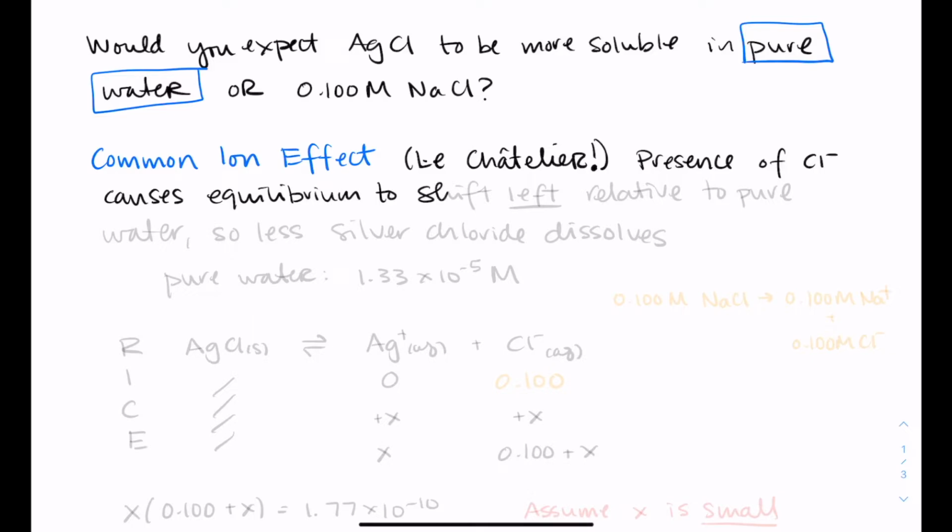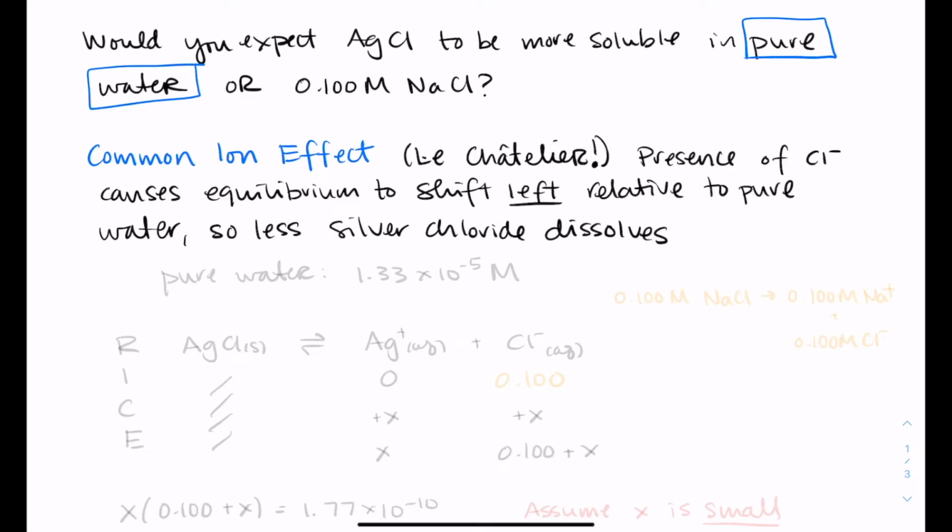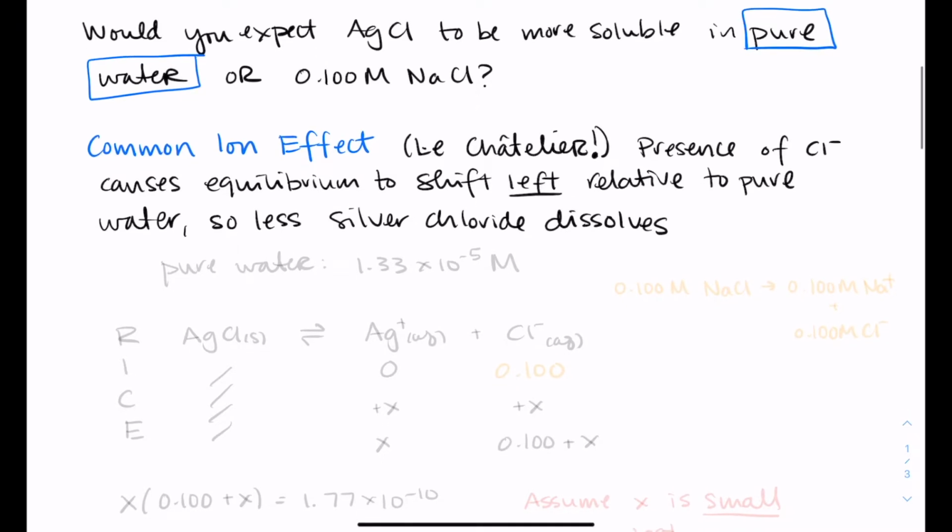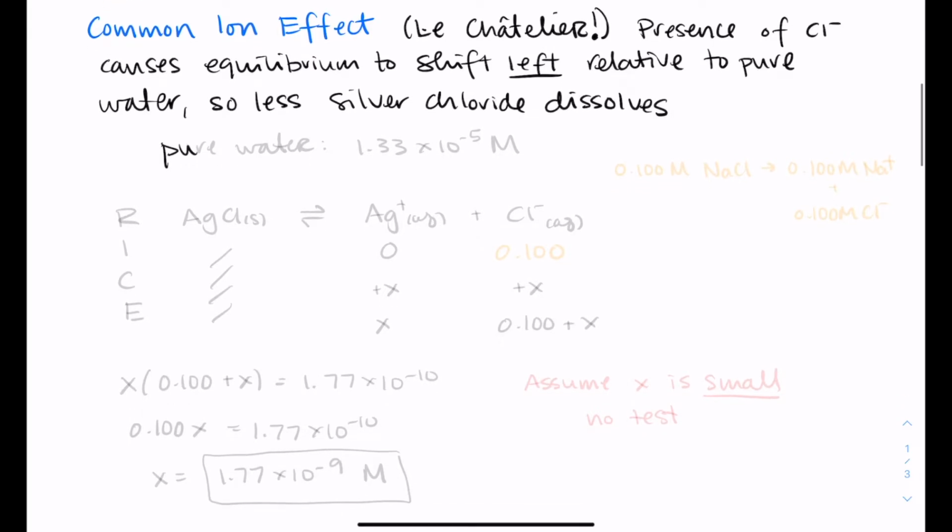We're going to do this calculation to show you with the numbers that this is the case, but this is the common ion effect. So remember, this is just Le Chatelier's principle, and it's the presence of the Cl minus that causes the equilibrium to shift left relative to the equilibrium in pure water. So in the sodium chloride solution, less silver dissolves.